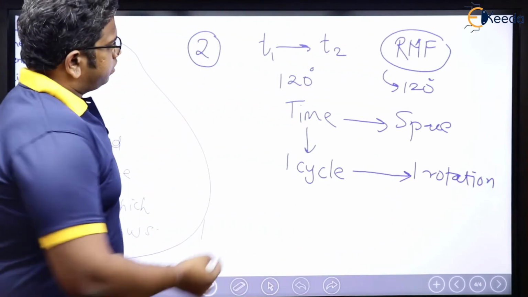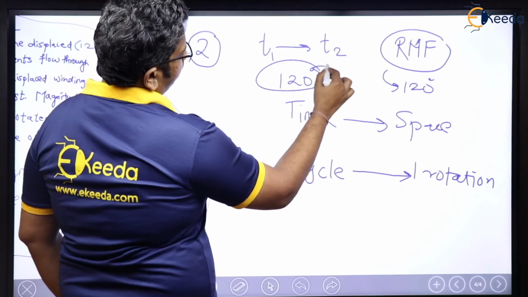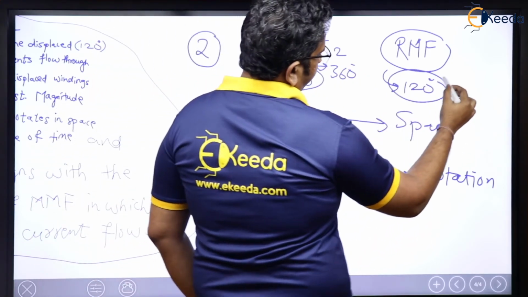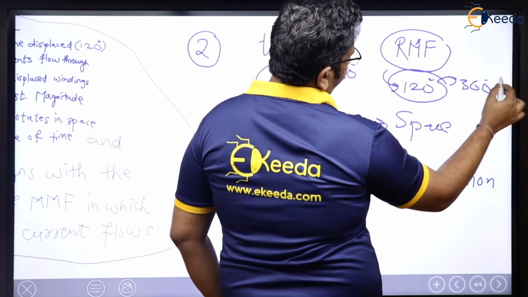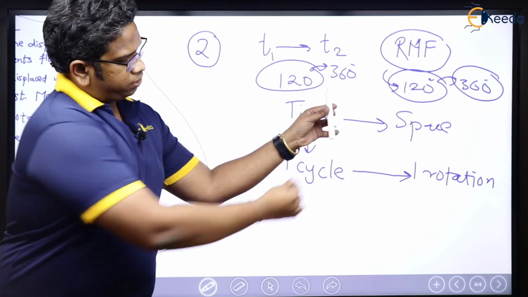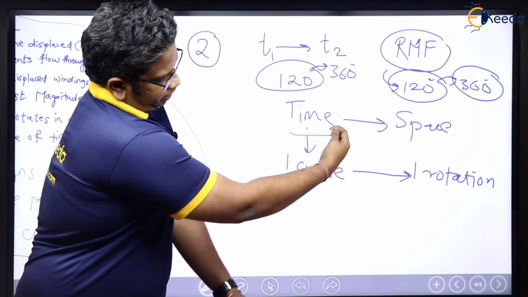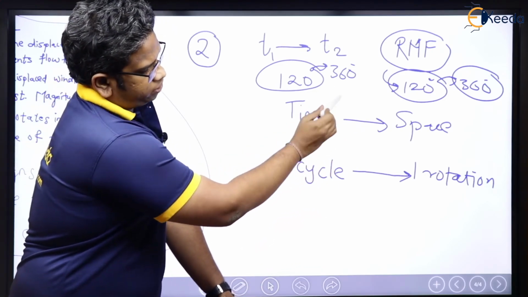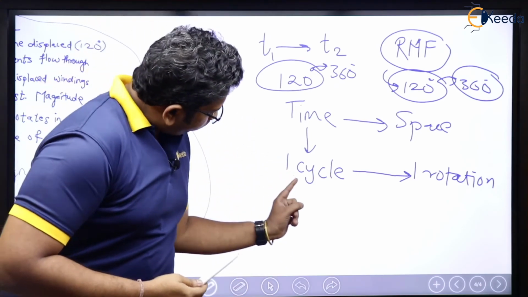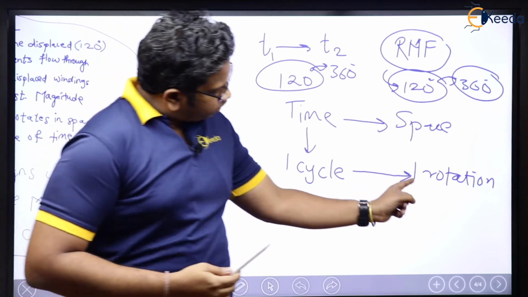One cycle means 360 degrees rather than 120. If I go by 160 degrees, then in space also I will go the same. Starting here, this is 0, 90, 180, 270, 360, which means one complete rotation is done. So one cycle in time will produce one rotation in space.